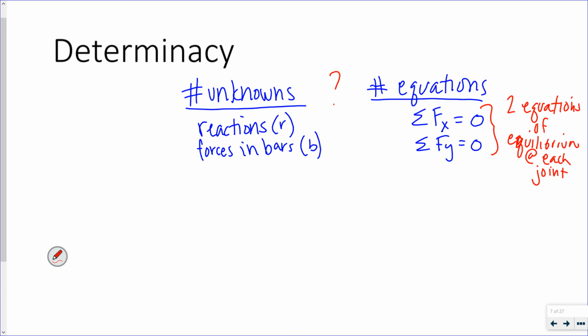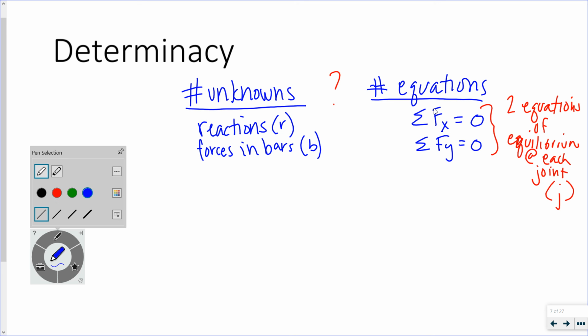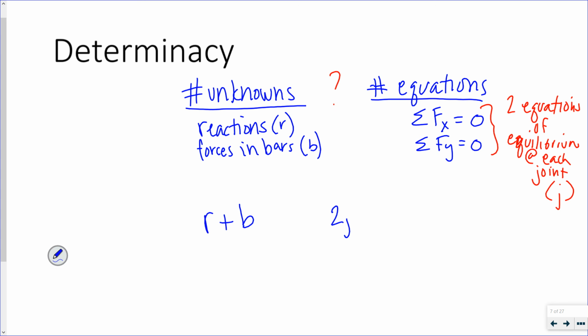And for each joint, I can use J for my number of joints. So my number of unknowns is R plus B, my reactions plus my forces in the bars. My number of equations is 2 times the number of joints, because I can solve for the force in the x and the force in the y at each joint.